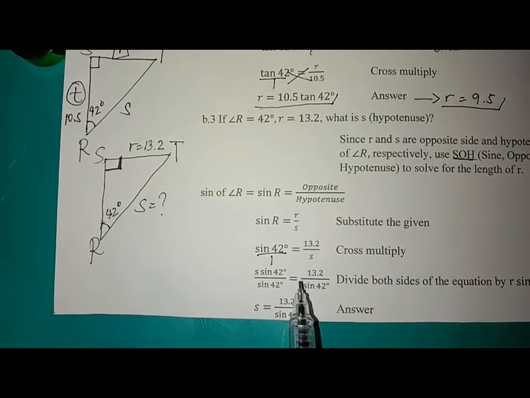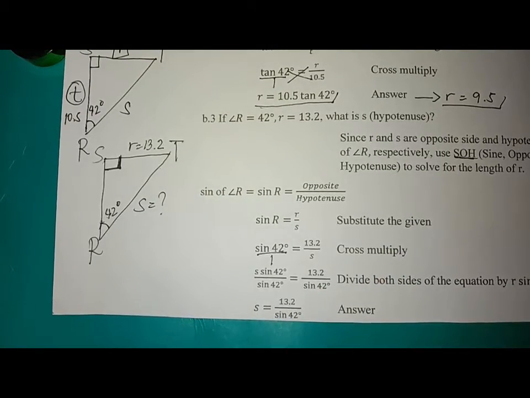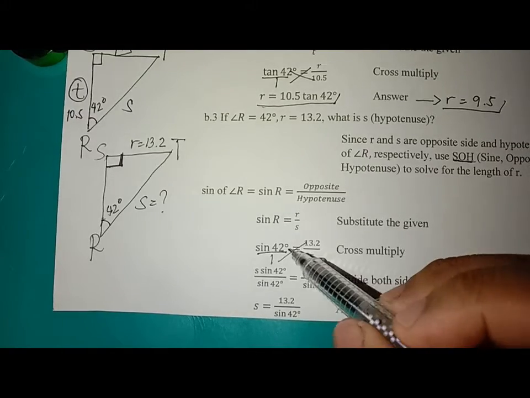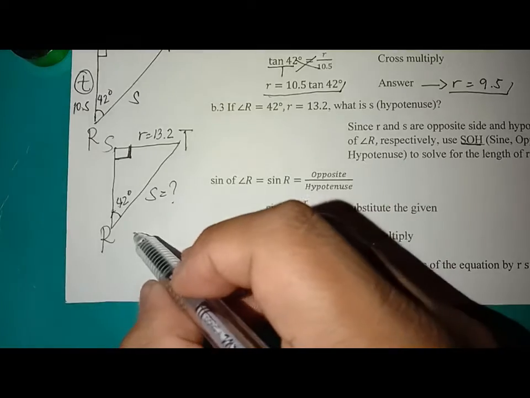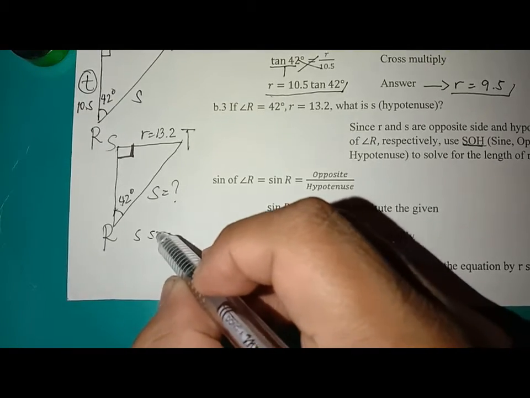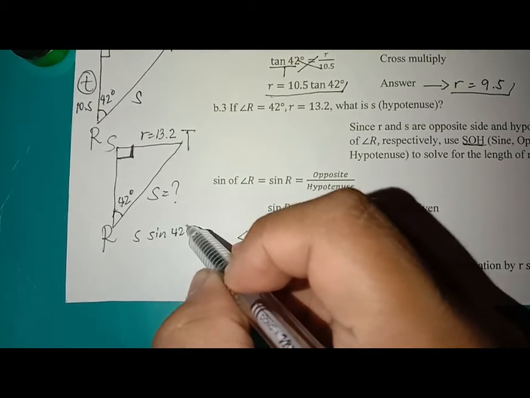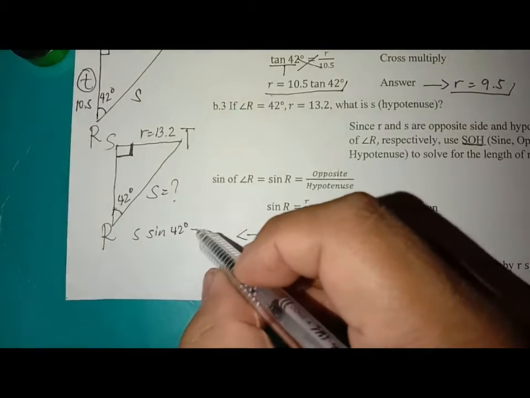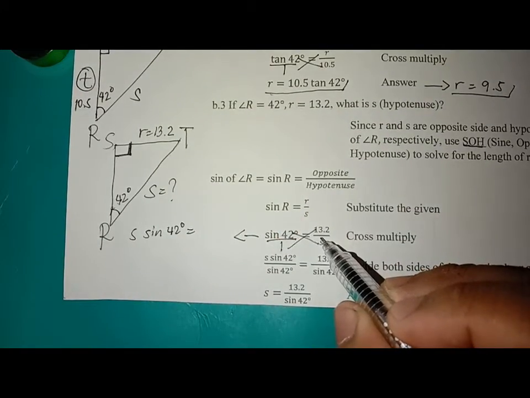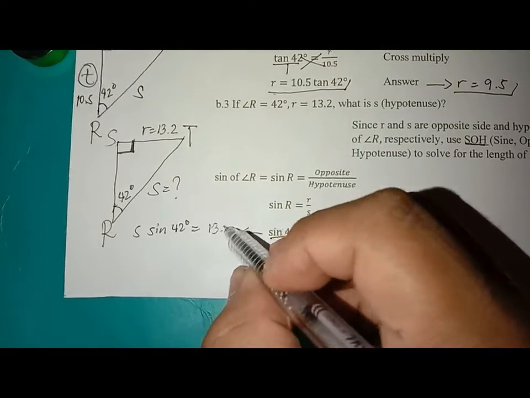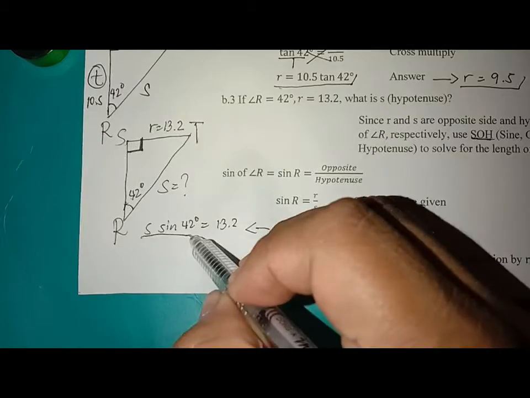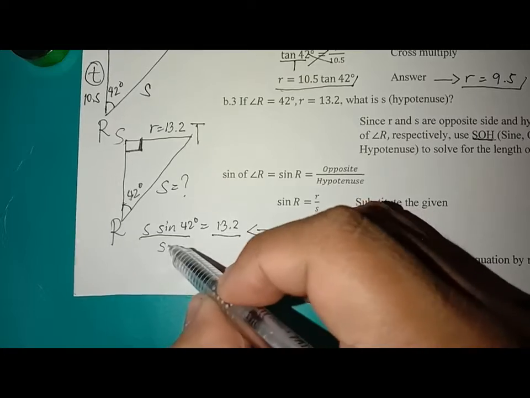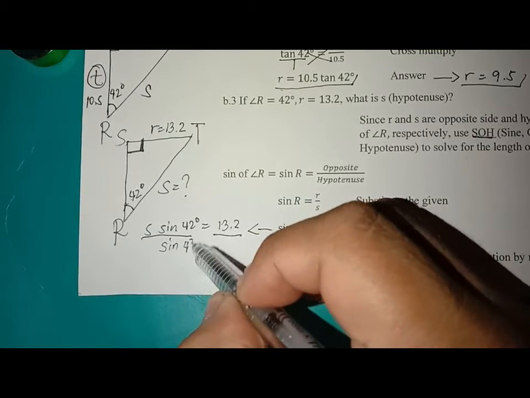Let's solve it further, since the example gave a shortcut. So S times sine 42 degrees equals 1 times 13.2, which is 13.2. Since we are going to solve for S, we divide both sides by sine of 42 degrees.